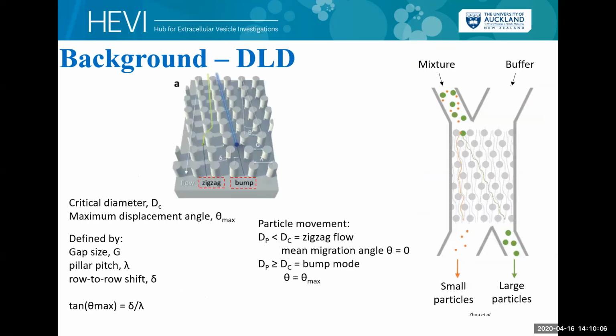And so just a quick background on DLD. DLD is the principle that this microfluidic chip that I'm going to talk about today uses. It's been used a lot in the past, for about the past decade, to isolate larger particles, so typically cells or microparticles. And the way it works is there's a number of factors that define a pillar array within the chip.